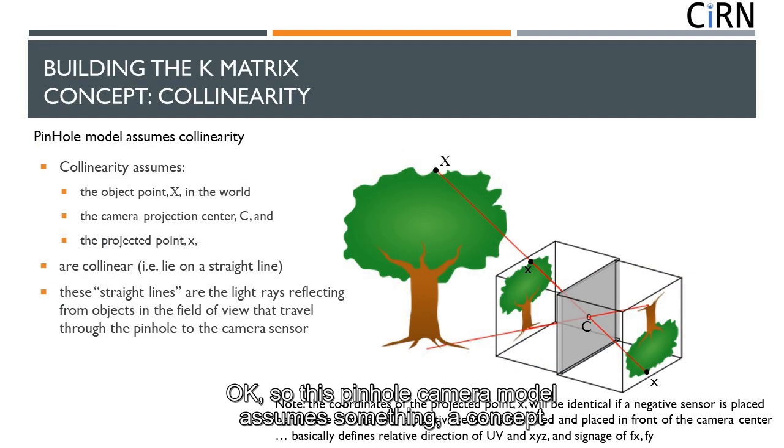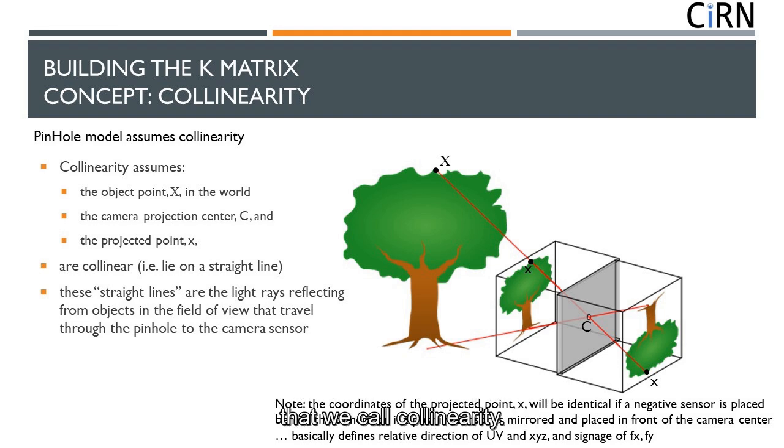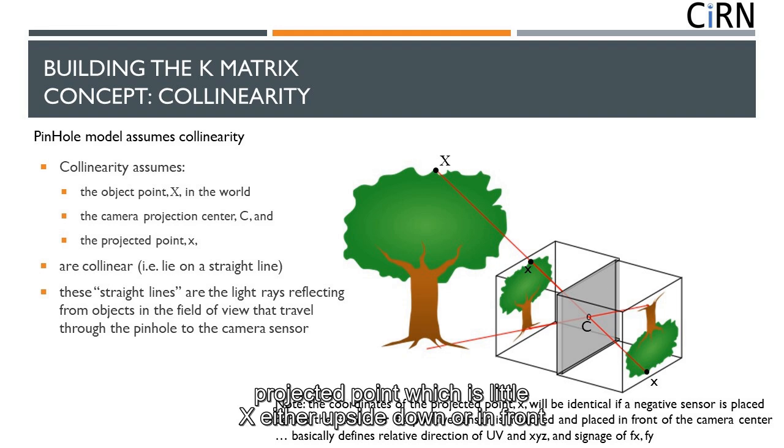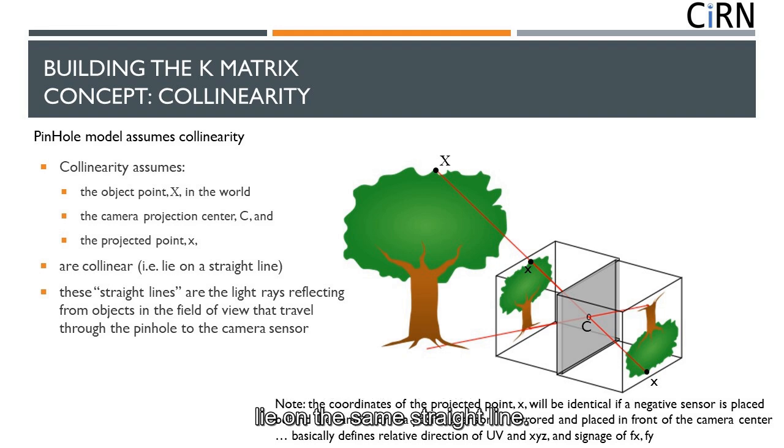Okay, so this pinhole camera model assumes a concept that we call collinearity. And all that means is that an object point X in the world, so the top of this tree, the camera projection center, which is the center of that little pinhole lens, and then the projected point, which is little x, either upside down or in front on the virtual image, are all collinear, which just means they lie on the same straight line.